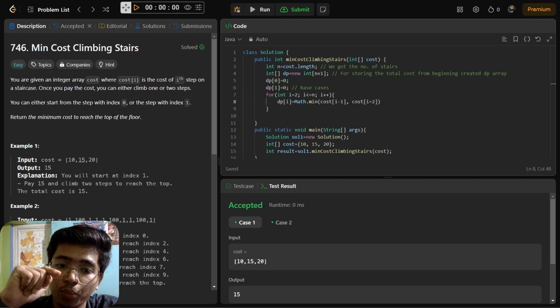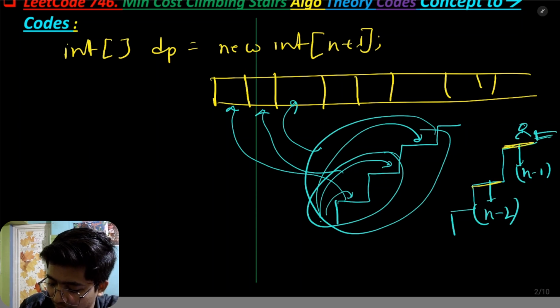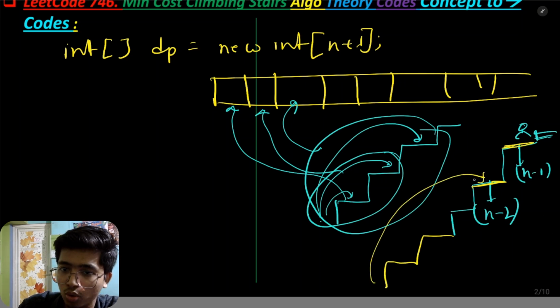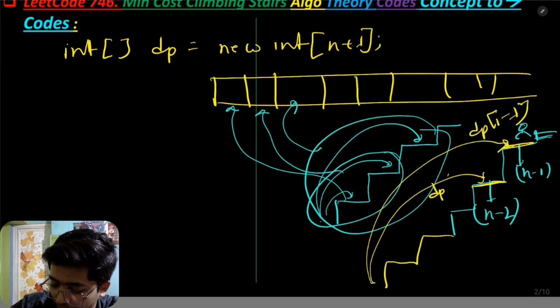Now we also have to put the cost of reaching these stairs. Here we just put the cost of the individual stairs, but we also had a cost of getting to those stairs, so it also took us cost to move here. So this cost is represented by dp of i minus 1 and dp of i minus 2.